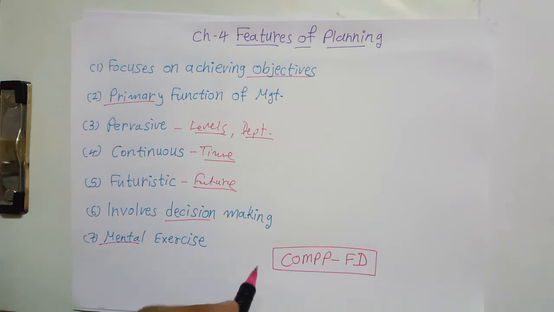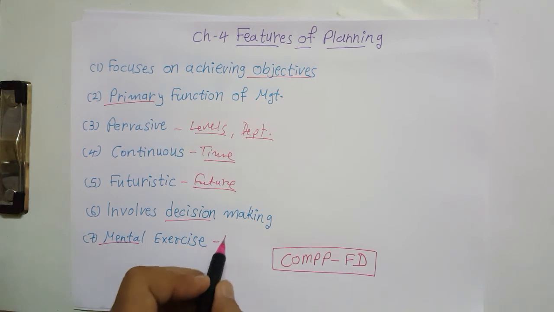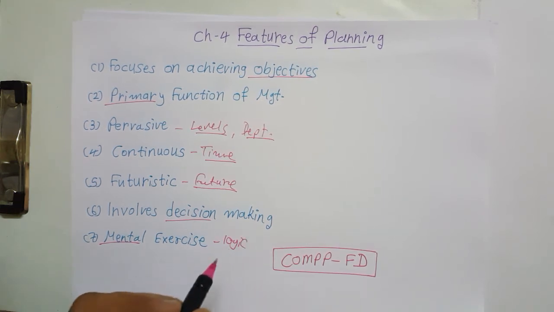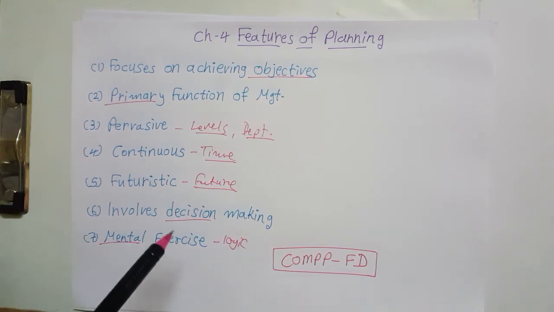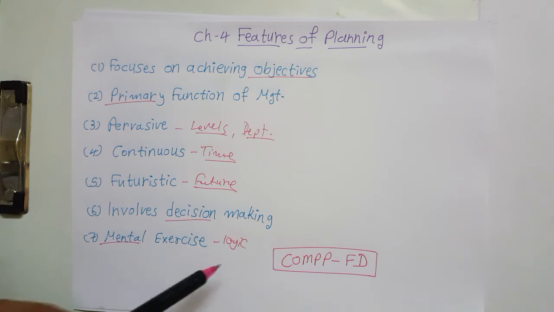Here the manager has to apply logic and systematic thinking. It is not based on guessing. We are not doing any wishful activity, but it is totally based on facts, forecast and analysis. On the basis of these things we are doing the planning, that's why it is called a mental exercise.